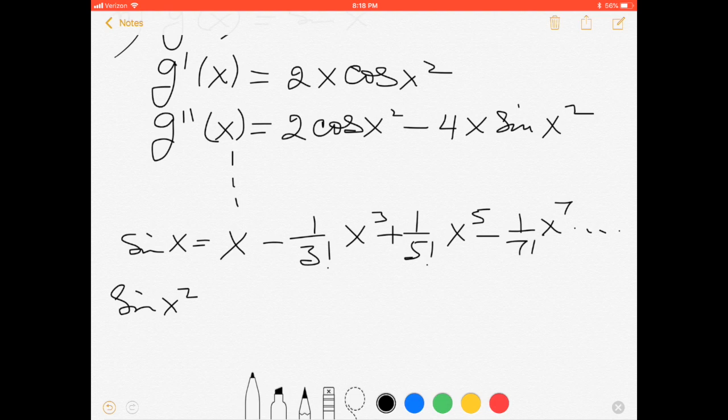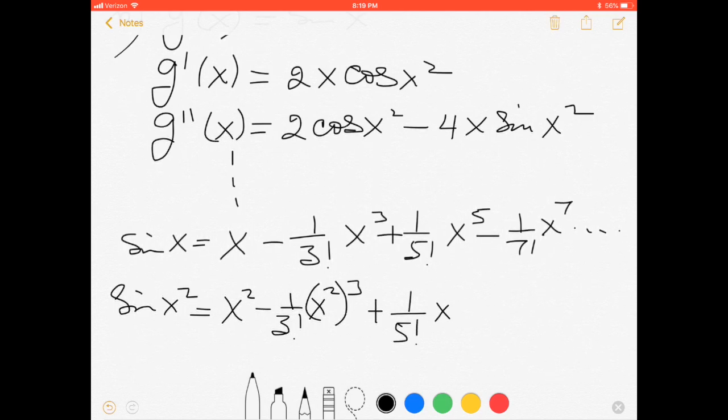We only switch from x to x squared, and you have x squared minus 1 over 3 factorial x squared to the third degree plus 1 over 5 factorial x squared to the fifth degree minus 1 over 7 factorial x squared to the seventh degree, and continue.